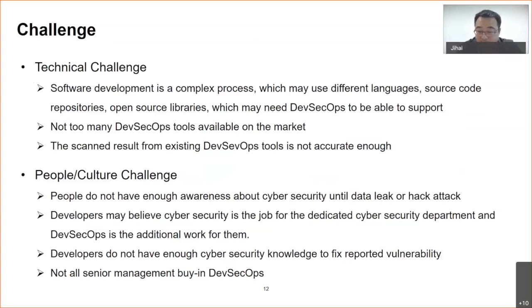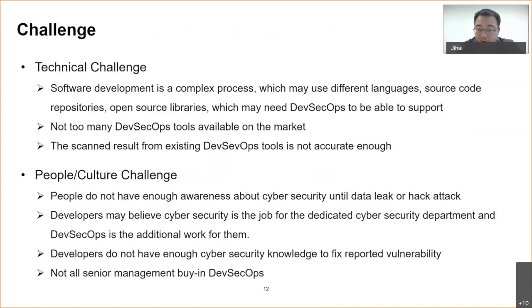And the challenge mainly comes from two different areas. From the technical area, because DevSecOps is very new. I think it became popular in the recent 2 or 3 years, so there are not too many products on the market, like DevSecOps tools.